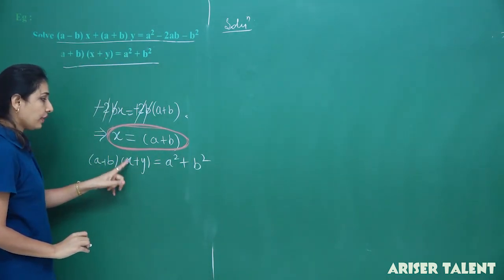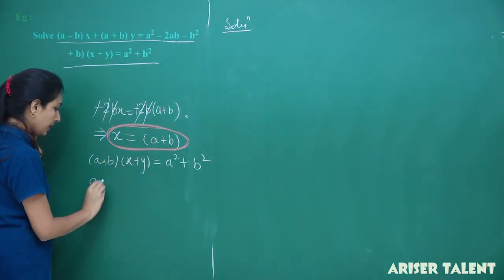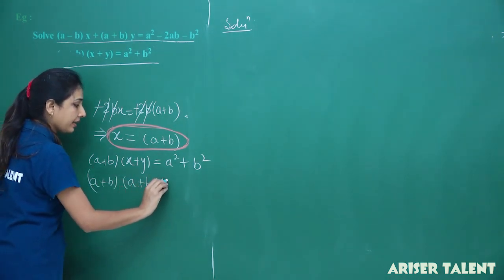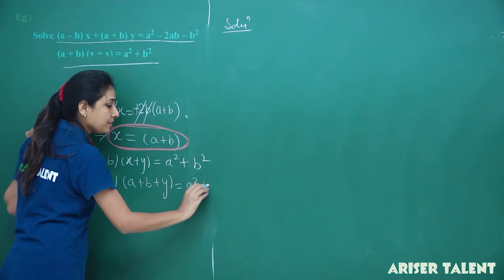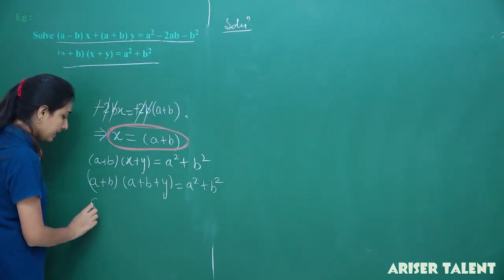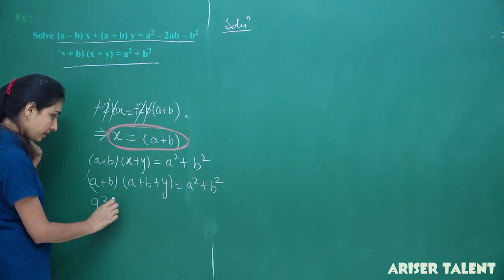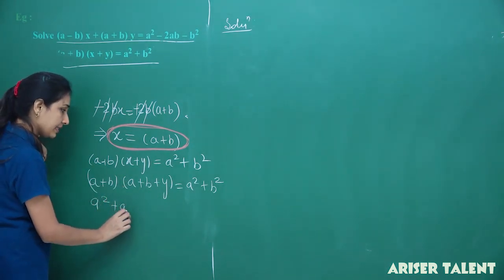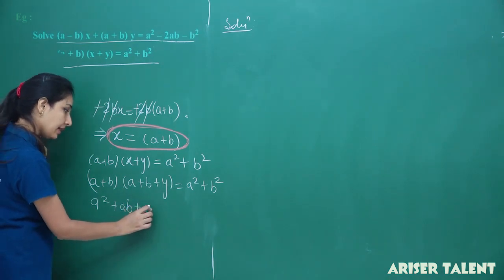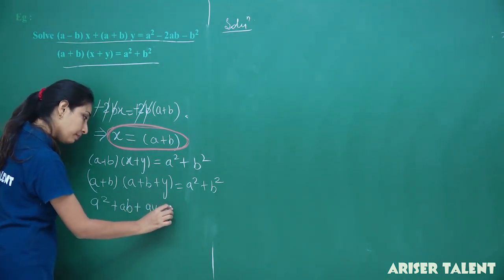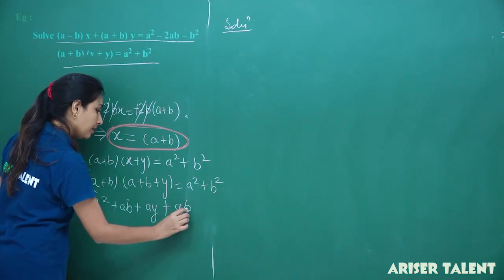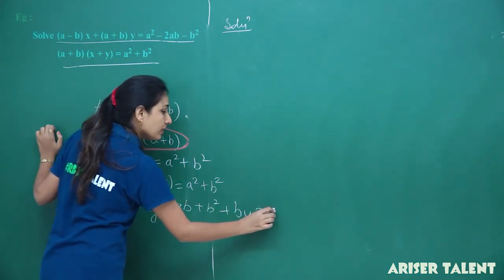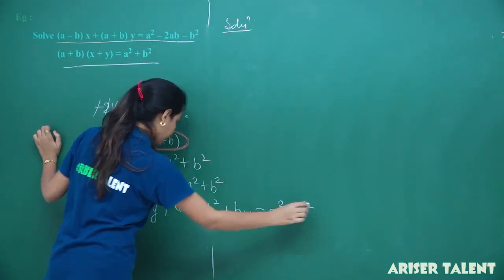Now the value of x is a plus b. So (a plus b) times (a plus b) plus y equals a square plus b square. Right, that is a square. I am just opening this bracket: a square plus ab plus ay plus ab plus b square plus by equals a square plus b square.